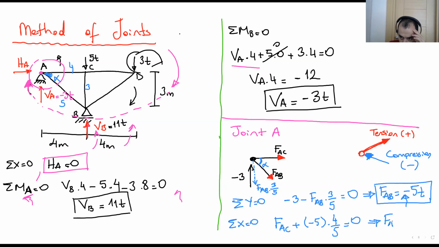FAC is 4 ton. We have just completed the first point. Is this okay? Any question for the first point?